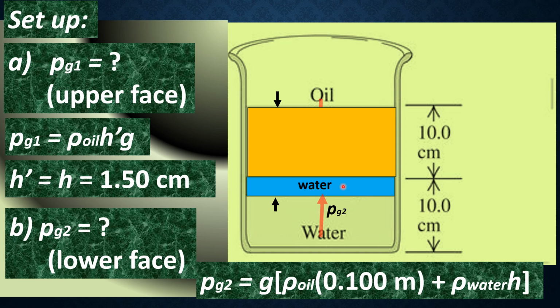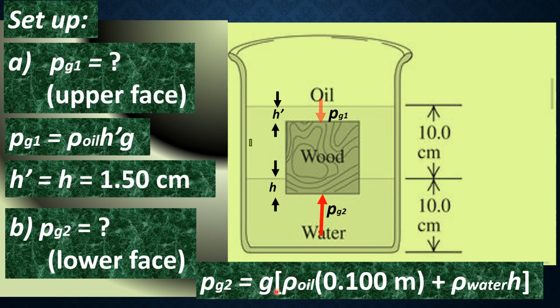So this colored portion of the volume of water has a corresponding depth already defined earlier as h. So the portions of oil and water that are colored yellow and blue respectively have a corresponding pressure labeled here as P sub G2. This is the combined pressure that the two liquids exert on the lower face of the block of wood.